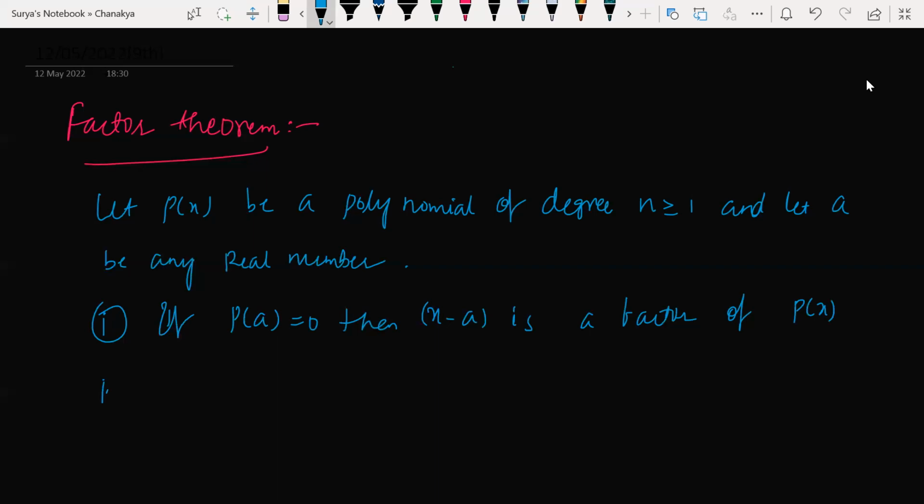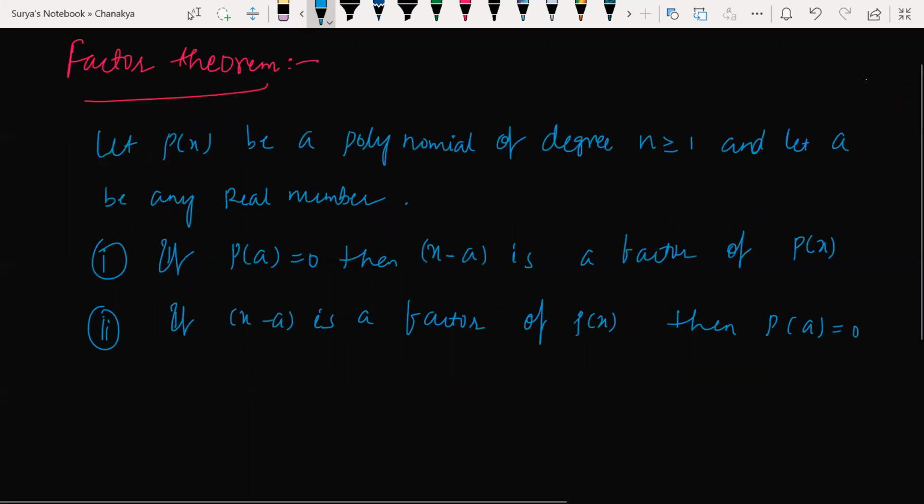The second condition is, if x minus a is a factor of p of x, then p of a is equal to 0. Very simple. Do not worry at all by looking at these statements, I'll explain.